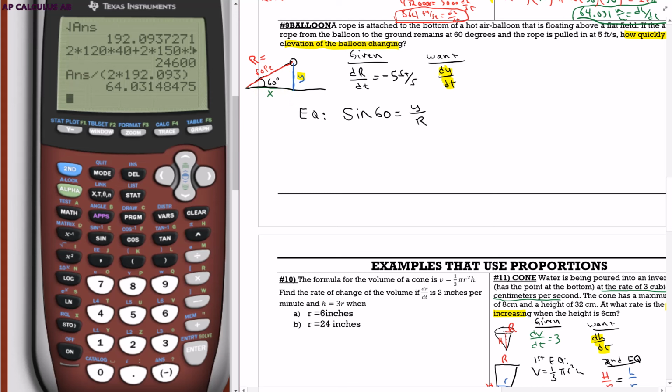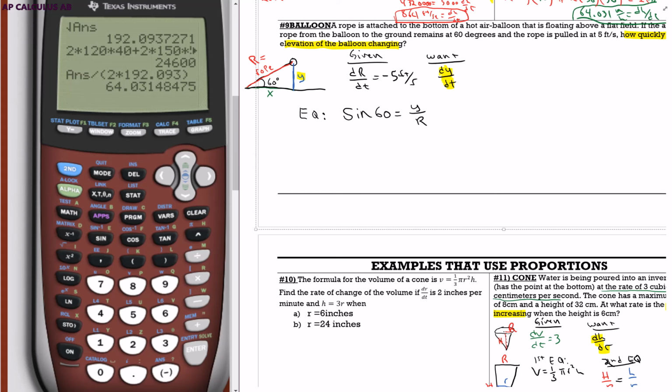So it is a right triangle, and what it's saying is that angle is always 60 degrees, right? That angle between the rope and the ground is always 60 degrees, which is super helpful. And we're given that the balloon is being pulled in at 5 feet per second. So because the length of the rope is decreasing, it's going to be negative 5 feet per second. And we want to know how quick is the balloon's elevation changing.